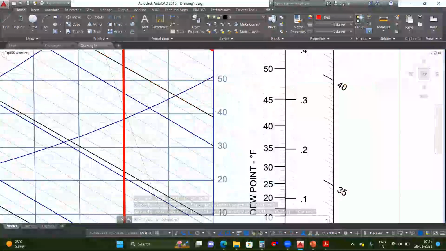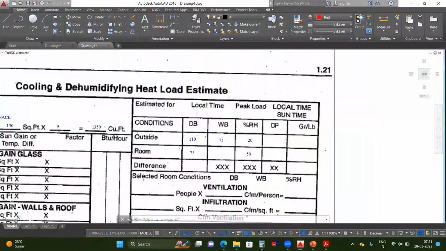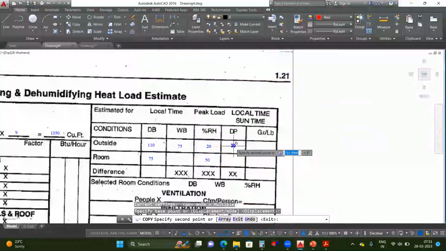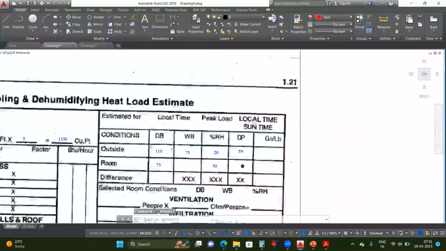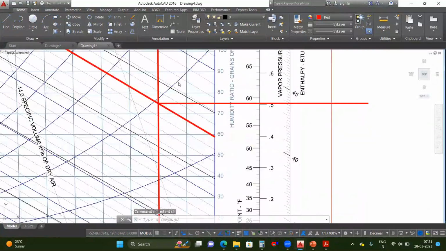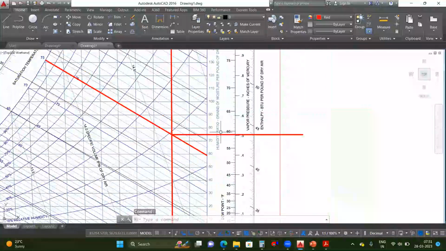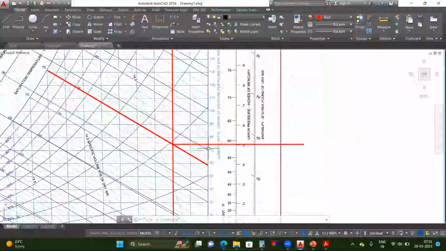That is 55, 56, 57, 58, 59. So I will enter the same here. Dew point is 59. Next is humidity ratio. This is the humidity ratio line. It is between 72 and 80, so I will take it as 75.